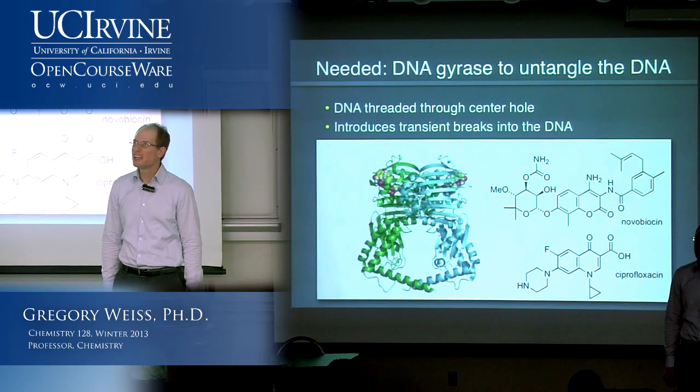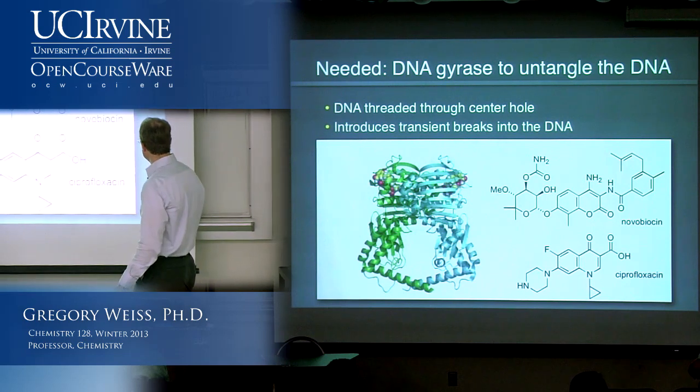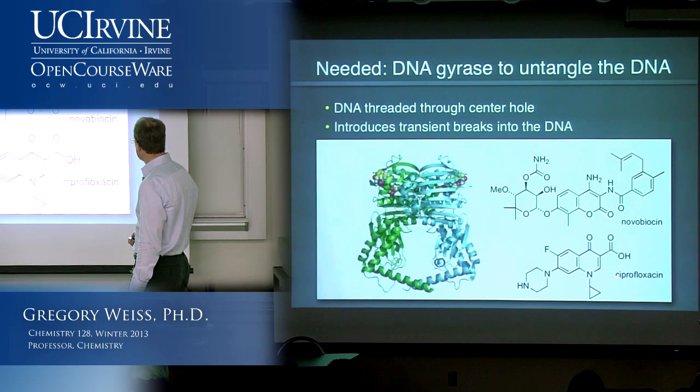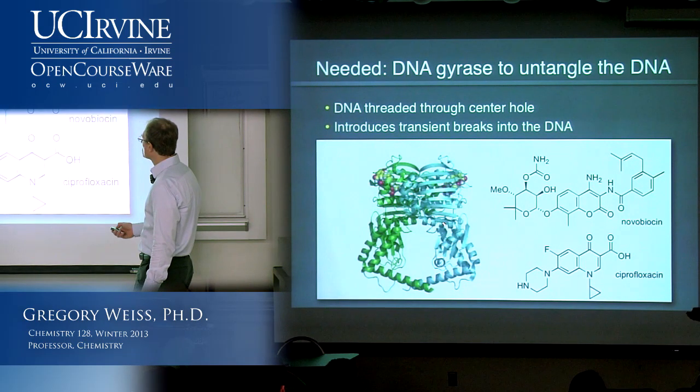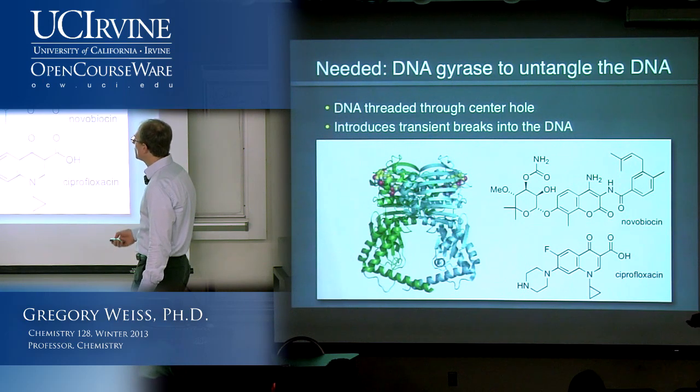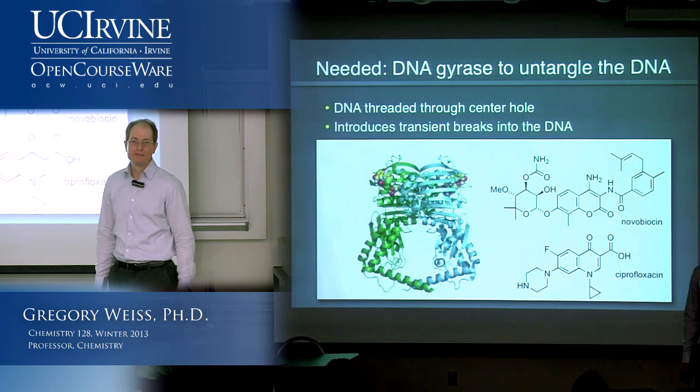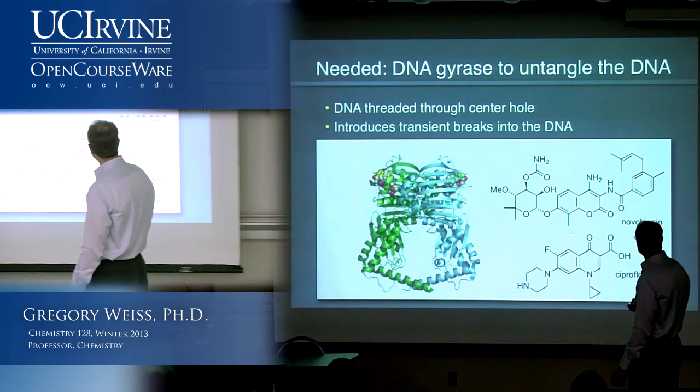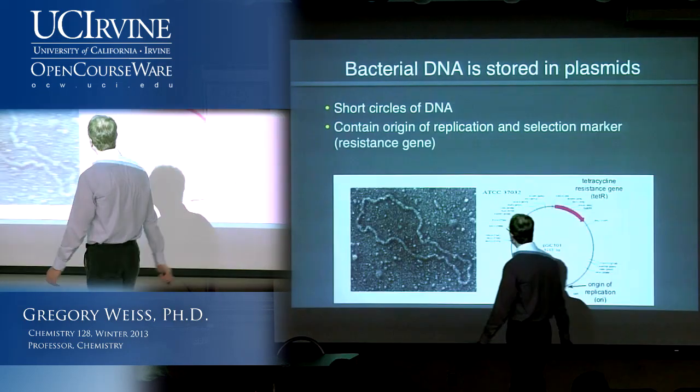I read somewhere that like 85% of American women come down with a UTI, a urinary tract infection at some point. The first line of antibiotic used against that is often Cipro. And Cipro works by inhibiting the DNA gyrase of bacteria. Okay? Here's another inhibitor as well.